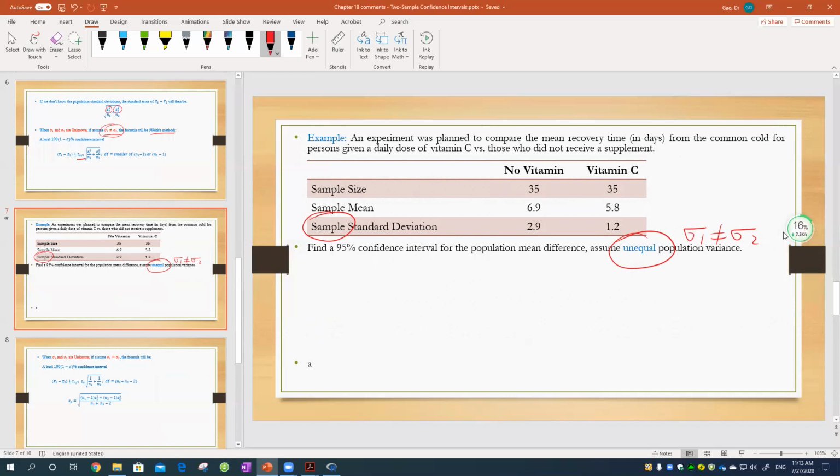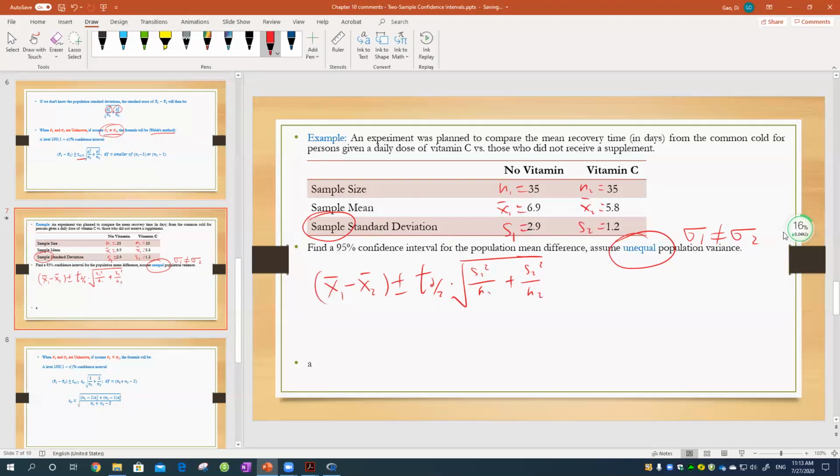And then we can write down the formula: x1 bar minus x2 bar plus or minus t sub alpha over 2 times square root of s1 squared over n1 plus s2 squared over n2. And then plug in the known information: that's x1 bar, that's x2 bar, that's n1, that's n2, and then we have s1, s2.